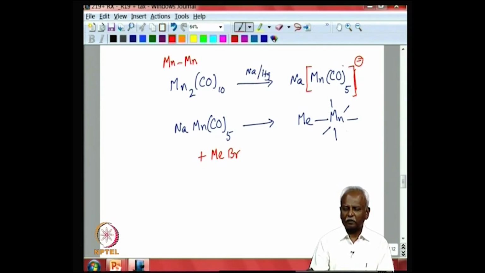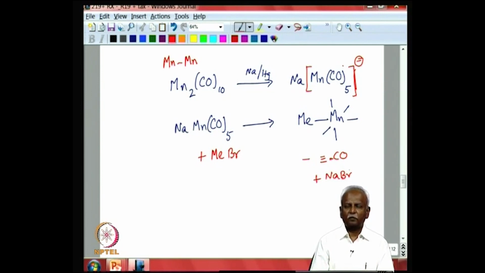So, each one of these lines is equivalent to a carbon monoxide attached to the metal, and we have a methyl manganese bond being formed, and you also have in this process sodium bromide eliminated.